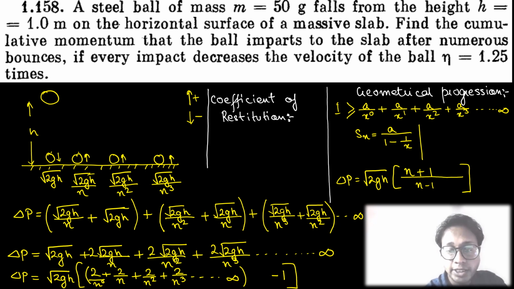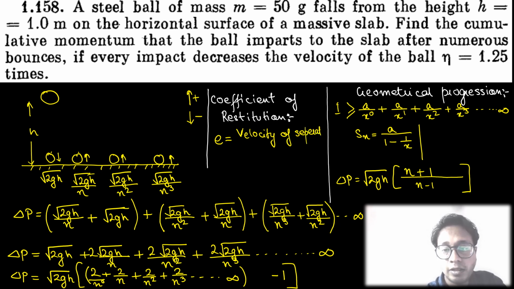Coefficient of restitution is given by e. e is nothing but velocity of separation divided by velocity of approach.